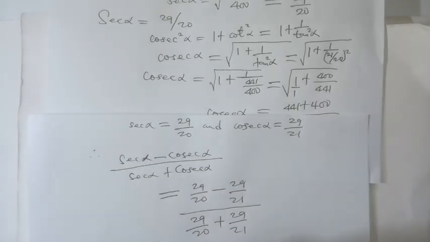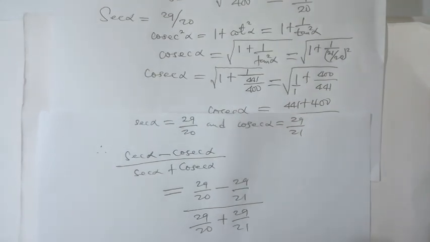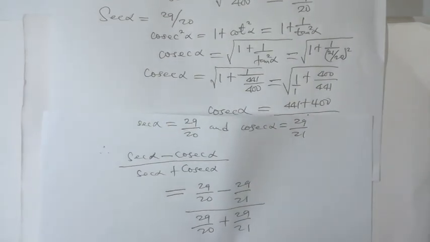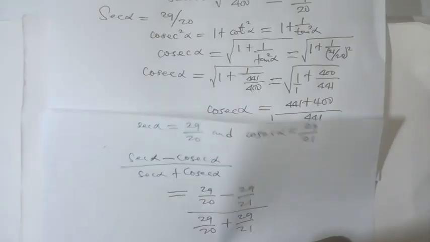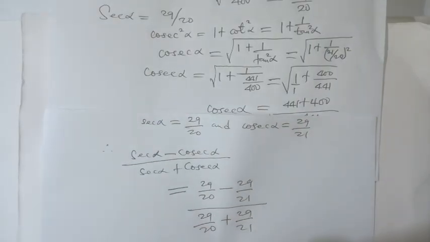So let's try and get the LCM of this. The LCM of 20 and 21, we are going to multiply both, which is the easiest.